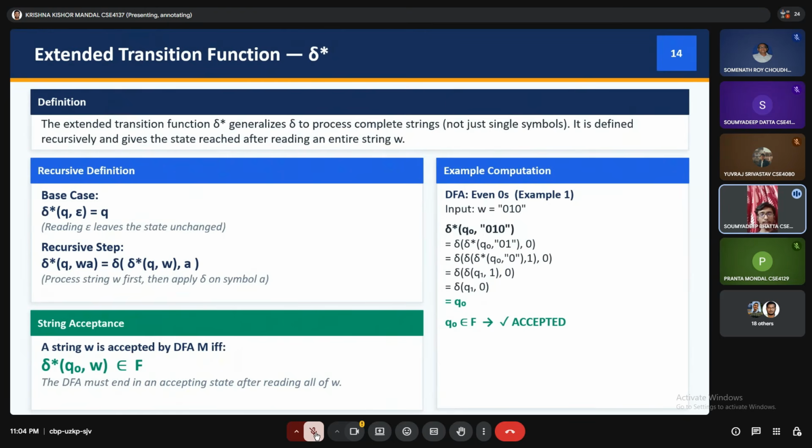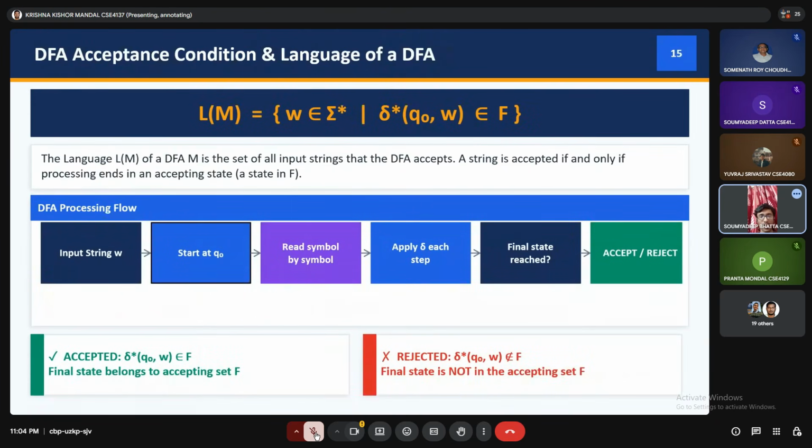Reading epsilon leaves the state unchanged, and there is a recursive step: delta star of (q, wa) equals delta of (delta star of (q, w), a). So next slide, and Krishna will explain this.